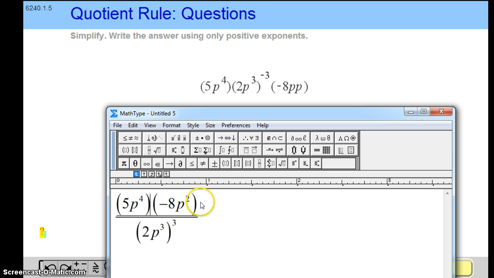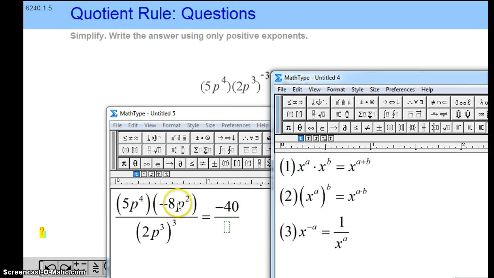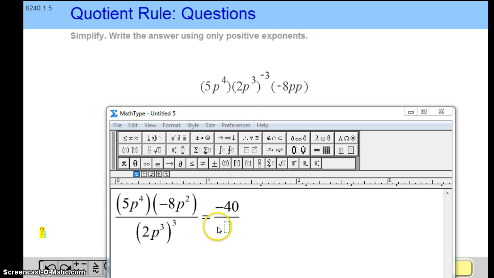We can combine these on the top, so we can multiply the coefficients. 5 times negative 8: 5 times 8 is 40, so negative 40. Then the p's are going to multiply, using the multiplication rule, so we add the exponents. 2 plus 4 is p to the 6th.